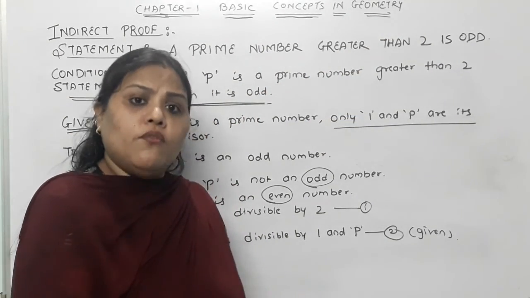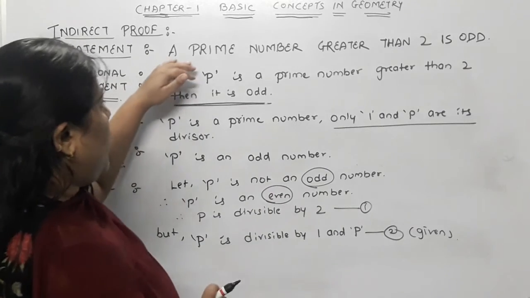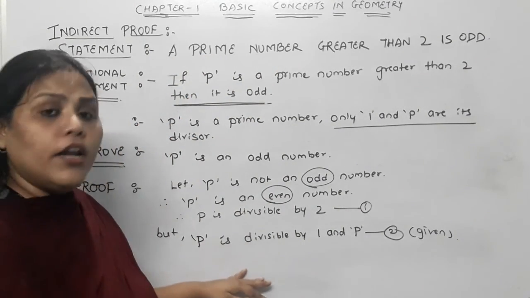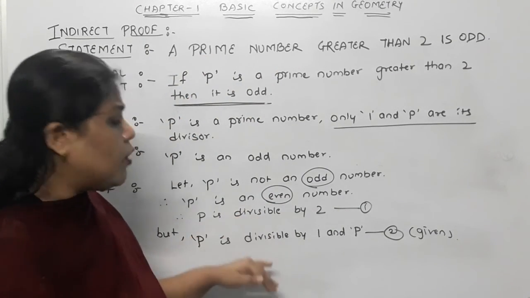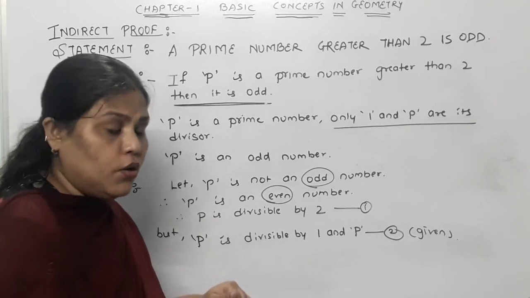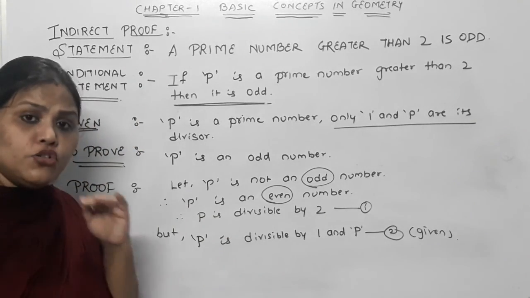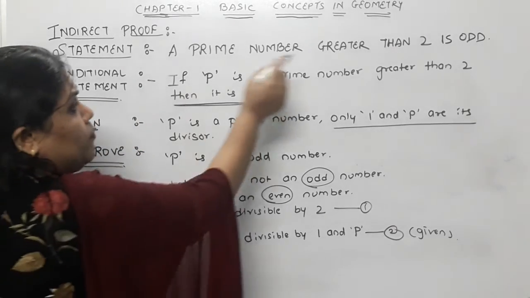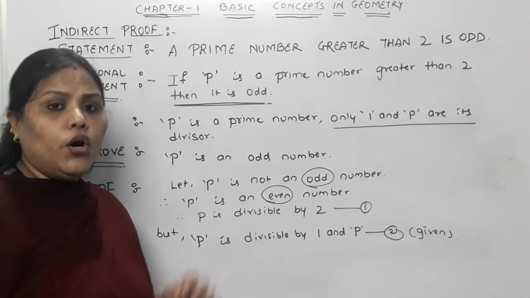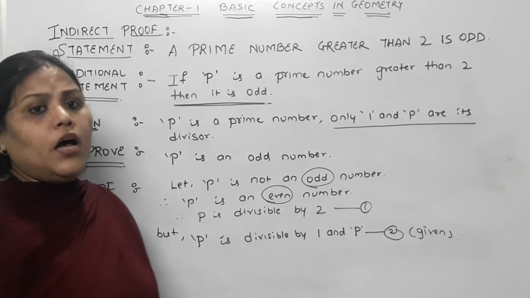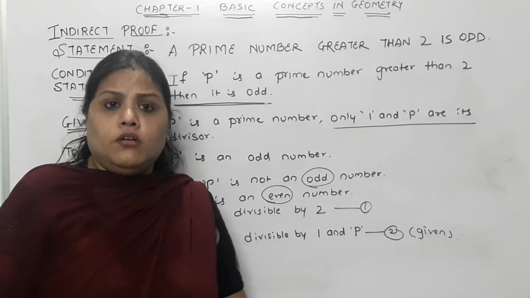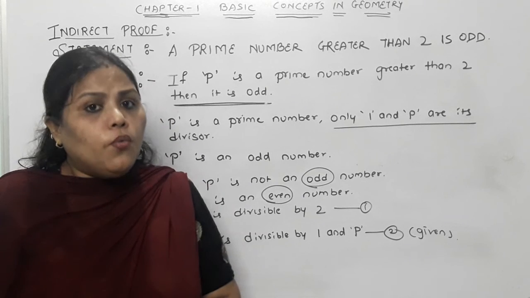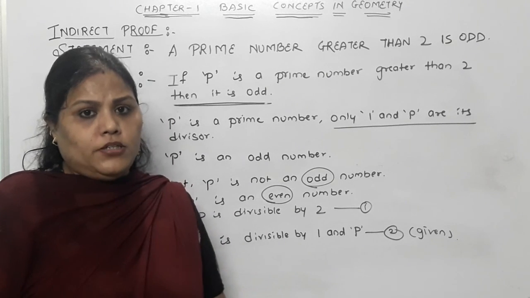So this way we can conclude, from equation 1 and 2, that our assumption was wrong and a prime number greater than 2 is an odd number. Understood? Now we'll see our exercise practice set 1.3 in next part. Thank you.